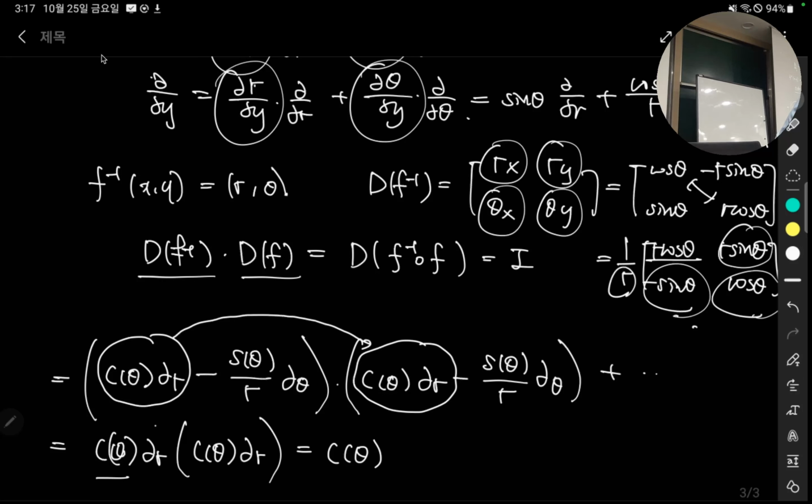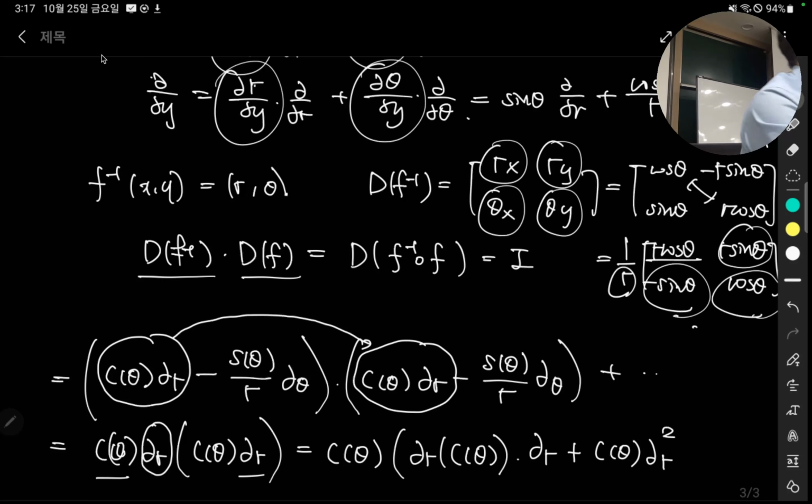And when you apply a partial differential operator onto a product of two functions, you take the product rule. So first you apply the partial operator ∂r to cosine theta, and then keep the next factor, plus you apply ∂r again. But what happens when you apply the two differential operators together? It's a double partial derivative. So that's the first part.